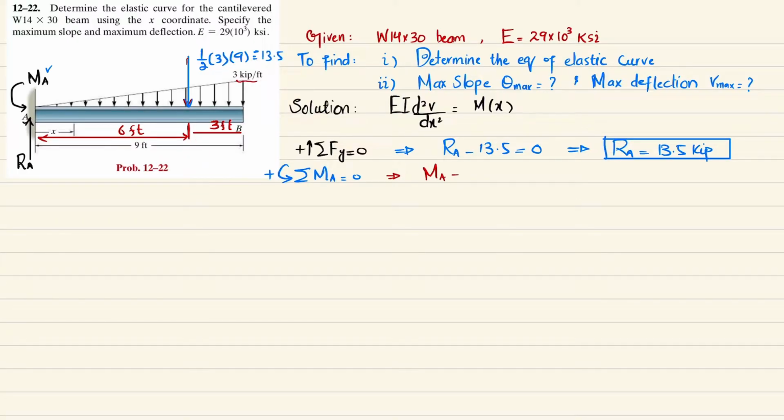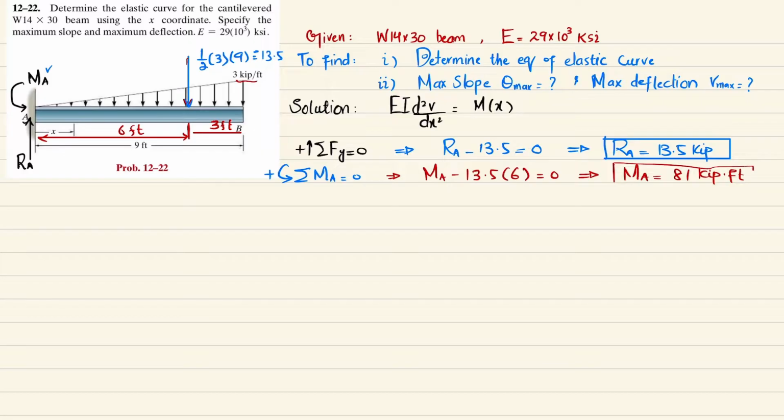So minus 13.5 into 6 is equal to 0. From here you will get the external moment about point A is equal to 81 kip into feet.